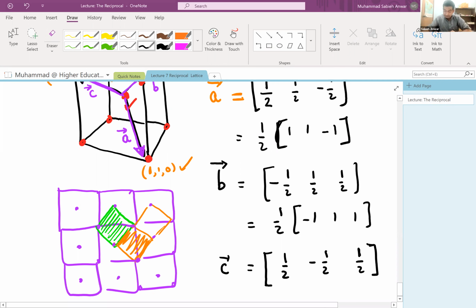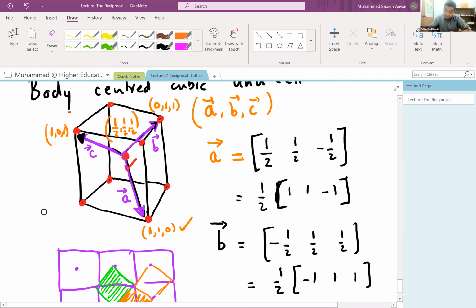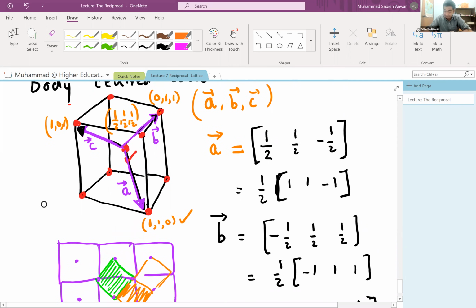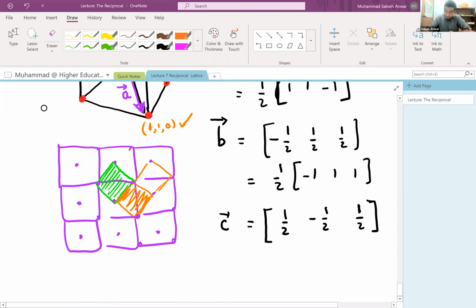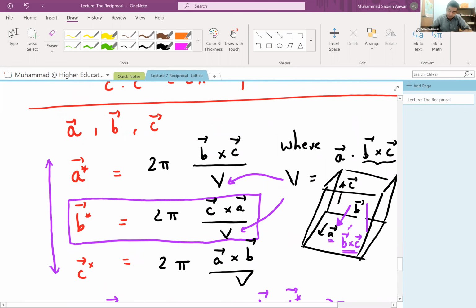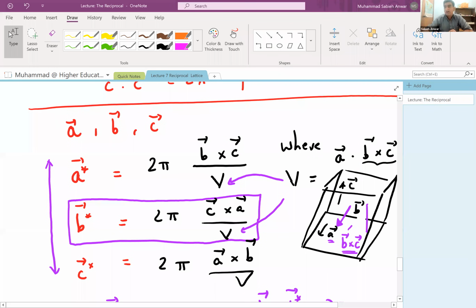So these are my vectors A, B, and C, all of them as fractions of the length A. Now I can use this prescription here to find the reciprocal vectors A star, B star, and C star.